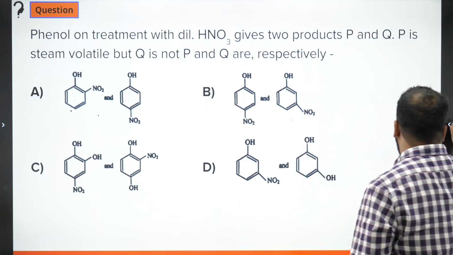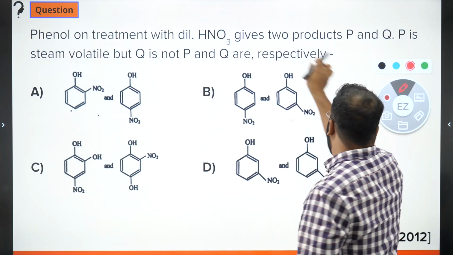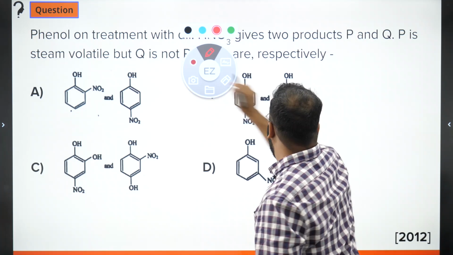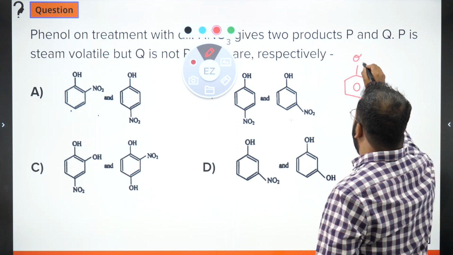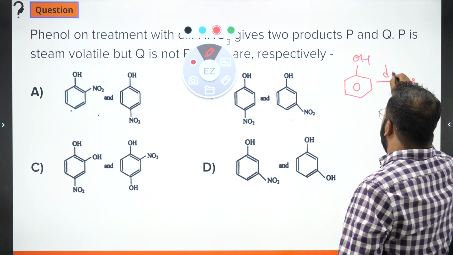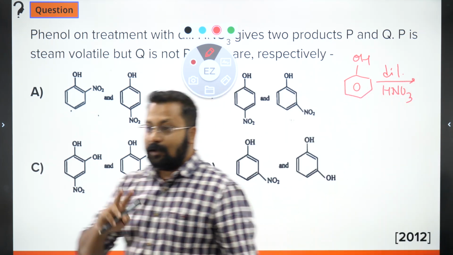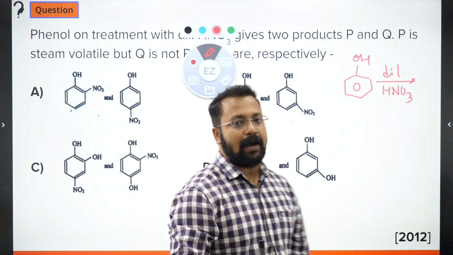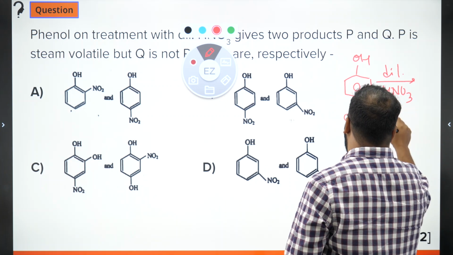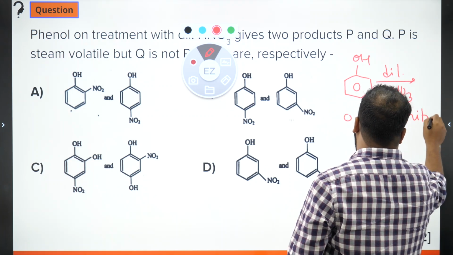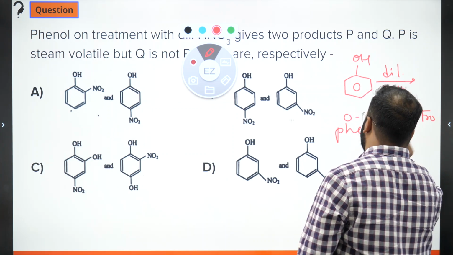Remember that when phenol is made to react with dilute HNO3, so this is phenol. If you react this with dilute HNO3, you would get two products, ortho and paranitrophenol.